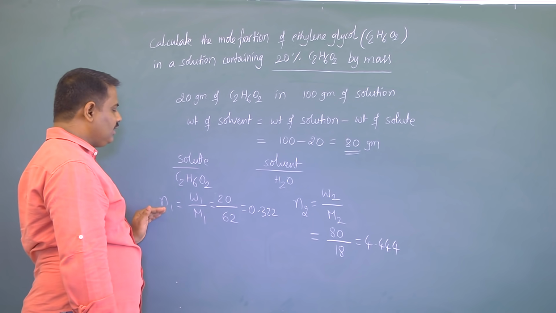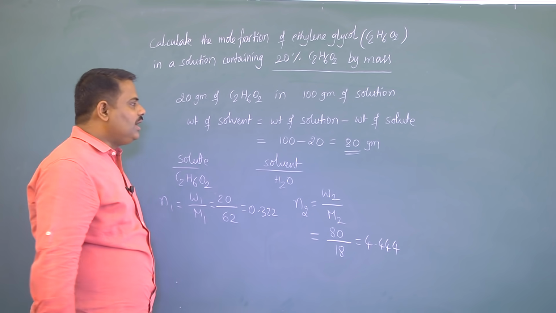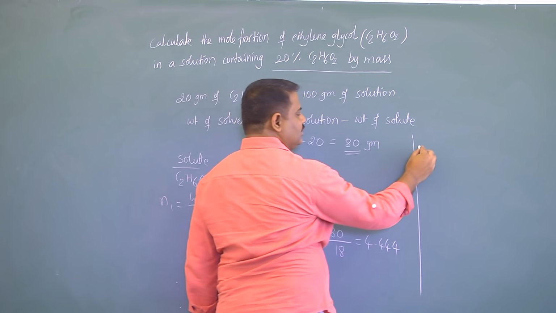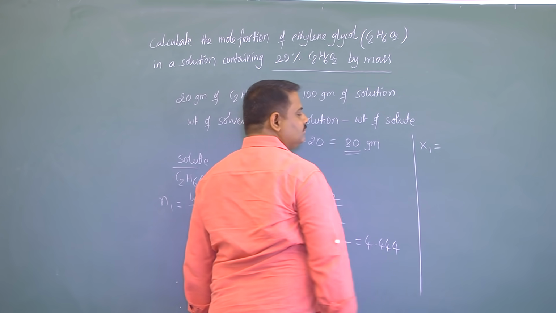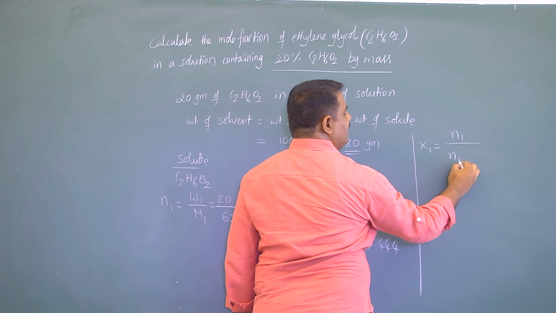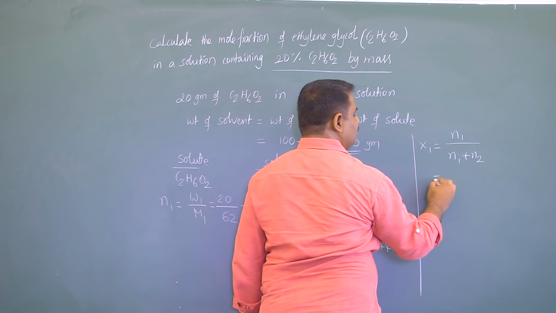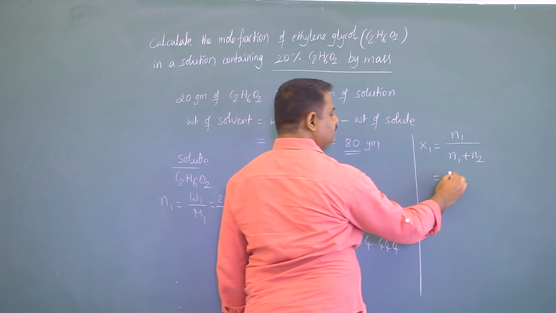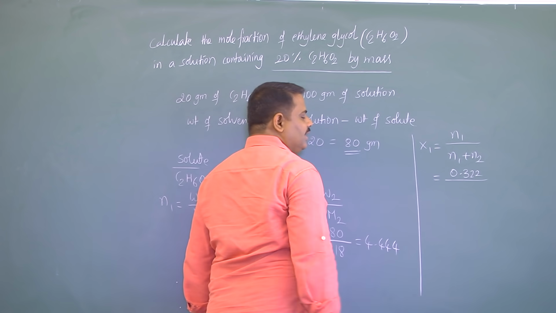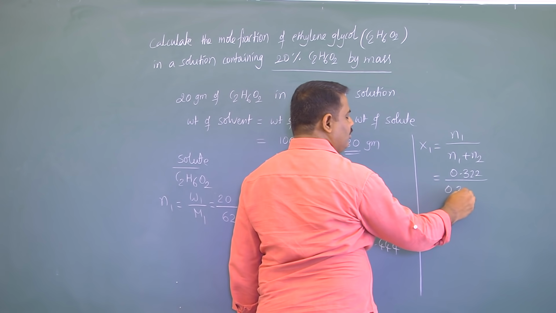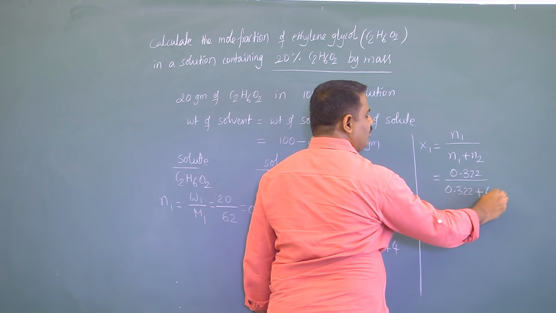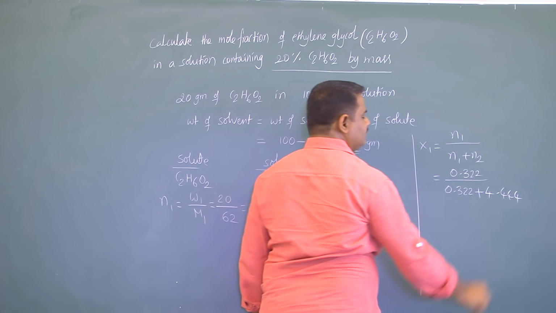Now this is the number of moles of solute and this is the number of moles of solvent. Now from N1 and N2 we can calculate the mole fraction of solute. Formula is N1 divided by N1 plus N2, that is equal to 0.322 divided by 0.322 plus 4.444.